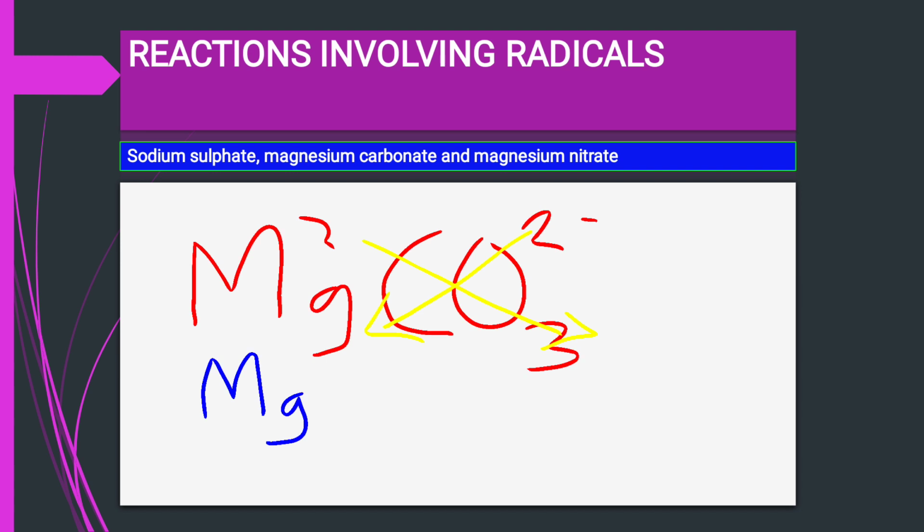We carry this to this place, and then we will have carbonate following like that, and then there is this valency 2 here, we bring it here. Note that when we carry the valency of a radical, we don't carry it with the charge, we just write it without the charge.